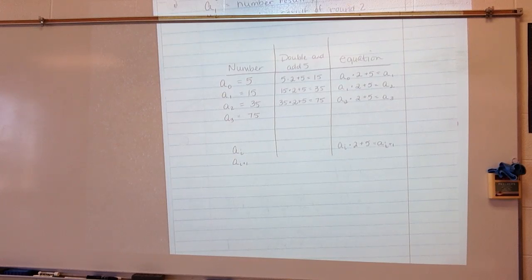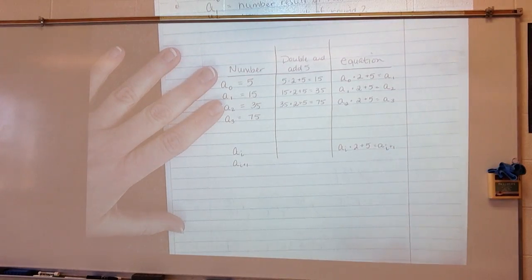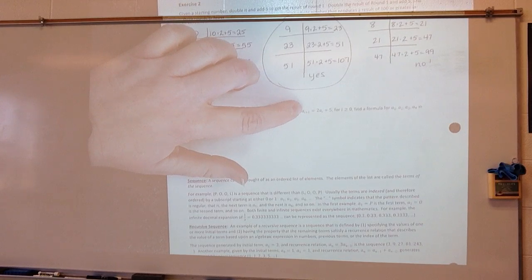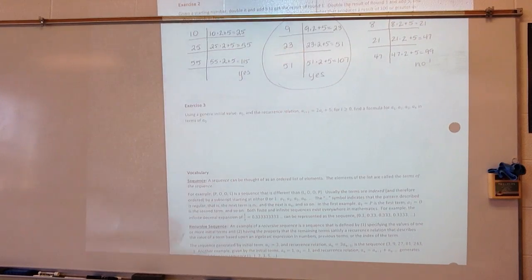So, let's use the generic initial value of a sub 0 and the recurrence relation a sub i plus 1 is equal to 2a sub i plus 5 to find the formula for a sub 1, a sub 2, a sub 3, a sub 4 in terms of a sub 0. Okay.